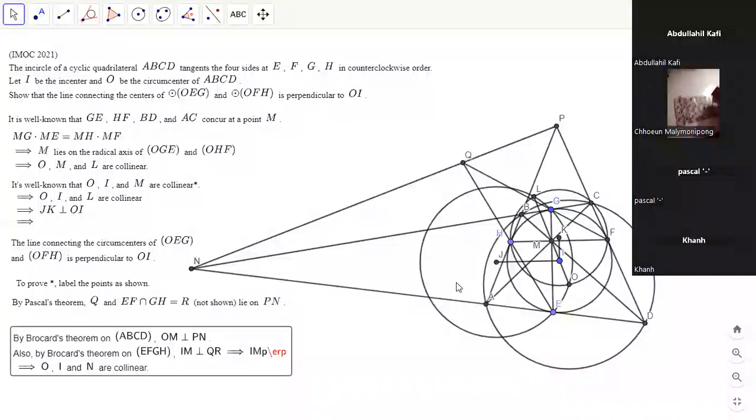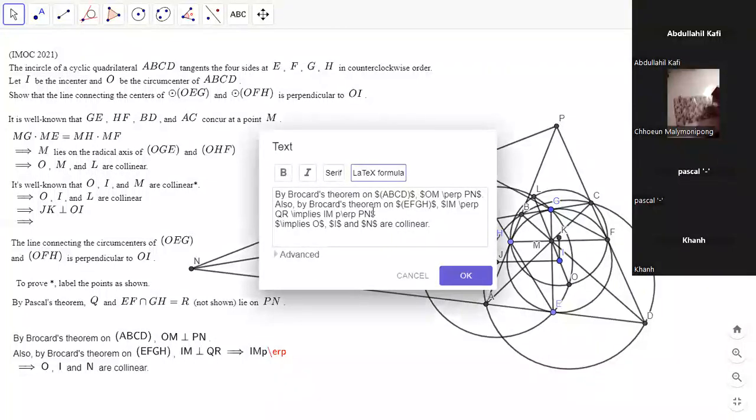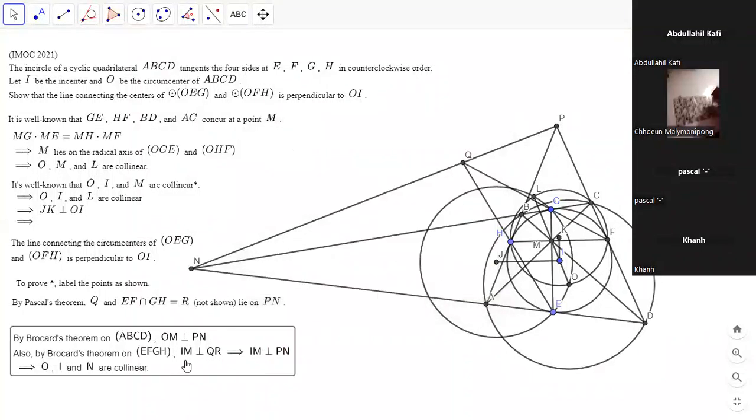This is fun. Okay, so one question. How do you know OI and L are collinear?